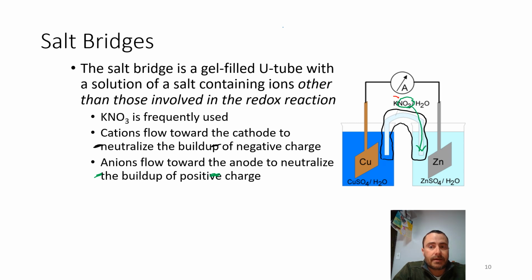And our cations, the K, our potassiums, are going to flow towards our cathode, or the copper side there, to replenish. We're getting rid of some of those copper 2s, and we're getting less and less positive charge over there. So it's going to replenish some of that positive charge. That's how a salt bridge works, is that it keeps the charge balance in check a little bit. And so it allows for the reaction to take place a little bit longer than it normally would be allowed to take place without that salt bridge present.